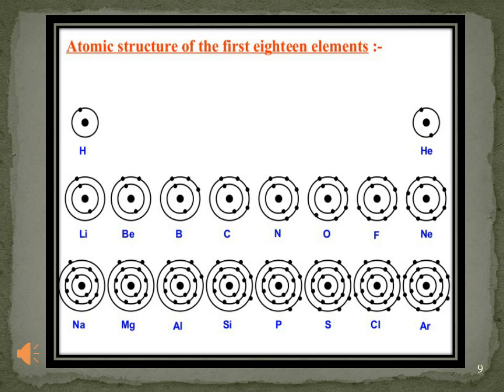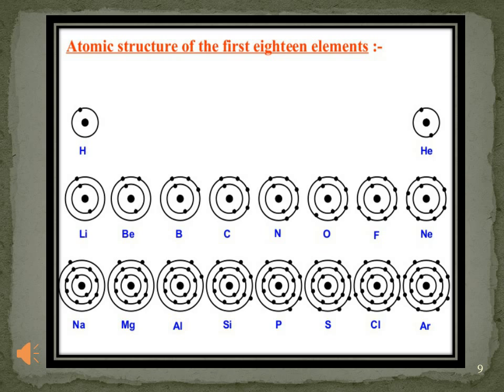And if you follow every one of these elements, the same arrangement can be seen. Let us take silicon. The number of electrons of silicon is 14. Now we know that silicon is filled first in the K shell, and the capacity of the K shell is 2 electrons.